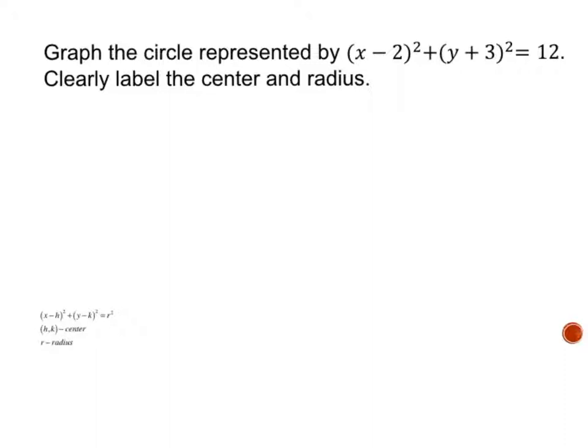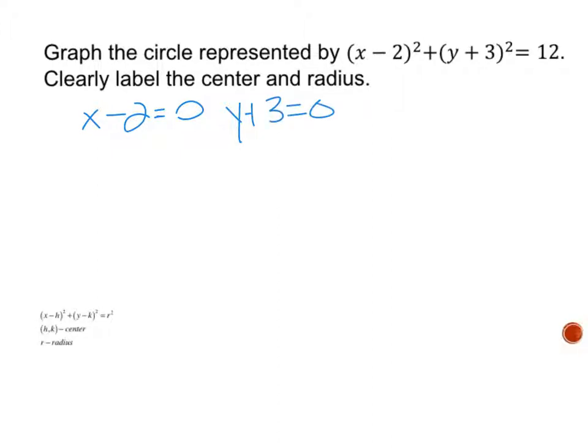So the first thing we did in the last problem is we figured out the location of the center of the circle. We did this by taking each quantity that was being squared, and we set each of those values equal to 0, and we solved for the variables. So the first thing we're going to do is set x minus 2 equal to 0, and set y plus 3 equal to 0.